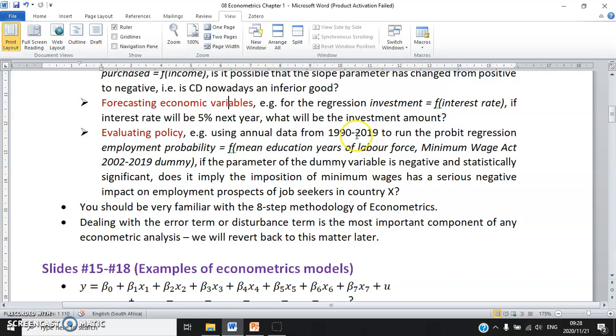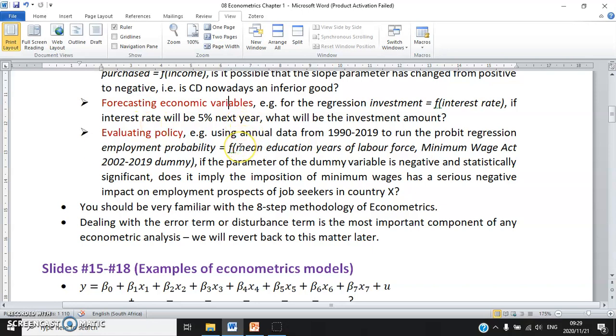I use the annual data for 30 years, from 1990 to 2019, to run the probit regression. And by the way, probit regression, just to give you an idea, your y variable is binary, either 1 or 0. I repeat, the y variable of a probit is binary, either 1 or 0. So this is an employment probability probit. 1 would be yes, employed, 0 would be no, unemployed.